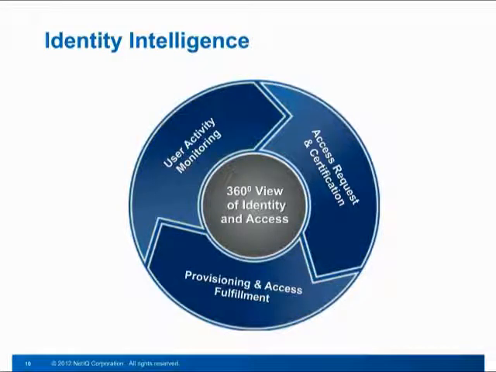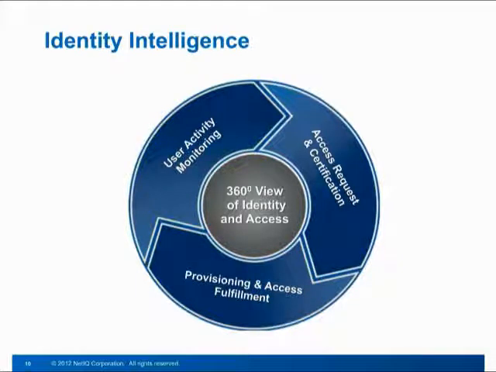So I have a good understanding, and instead of waiting a time period for recertification, I can bring that to the forefront to the appropriate security and or business application owner or IT security personnel in a much quicker fashion and understand this type of behavior is outside normal practices and I need to look at it. So instead of looking at a large group of individuals who may need access recertification, I can slim it down to those specific anomalous activities and then again automate that process of revoking if necessary.